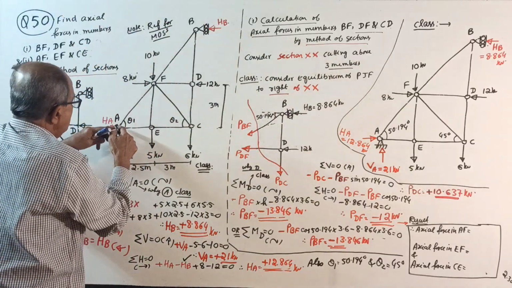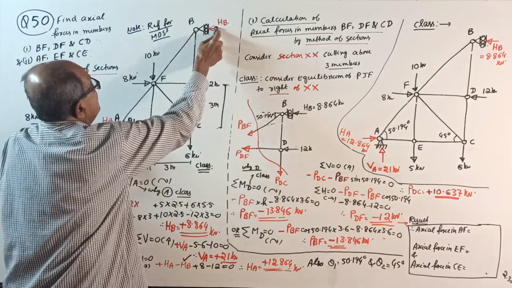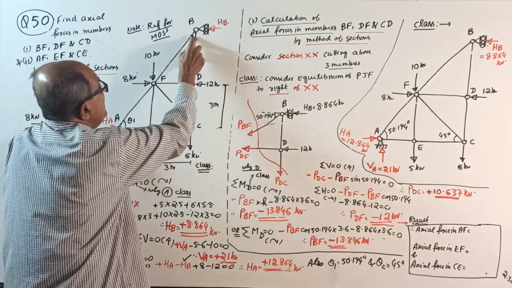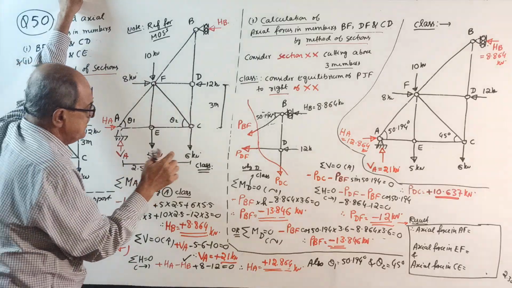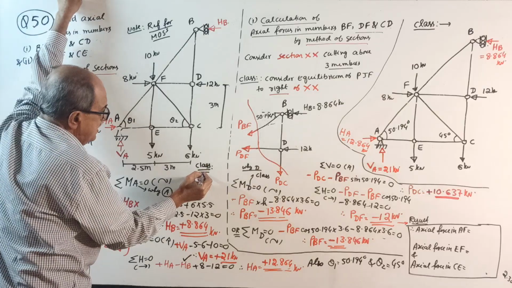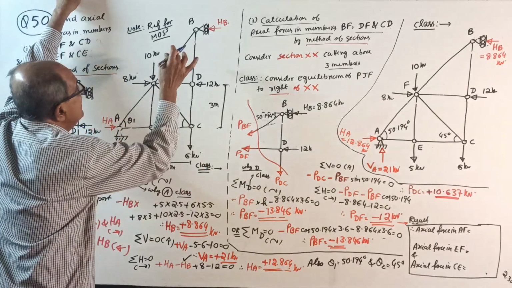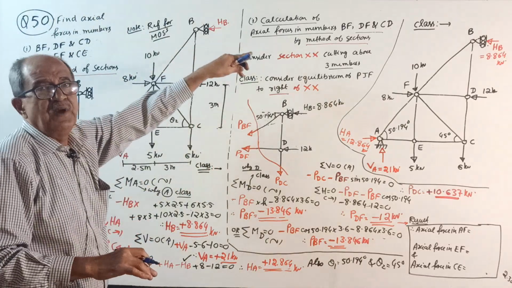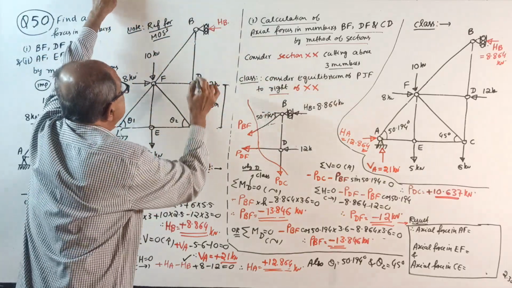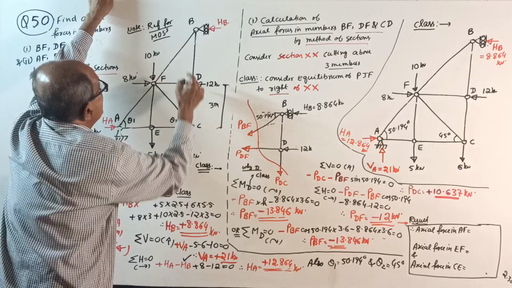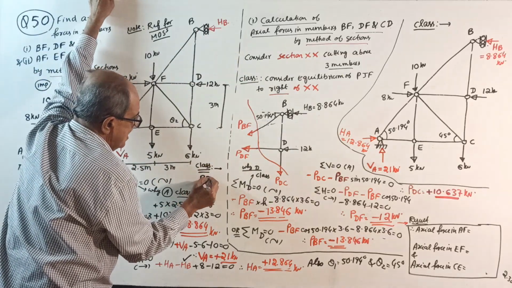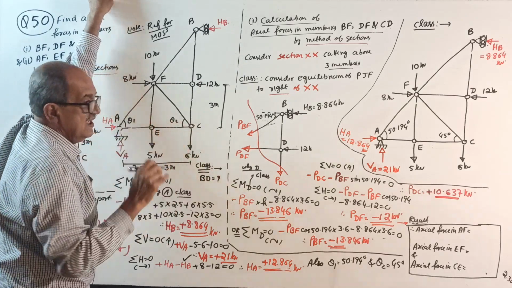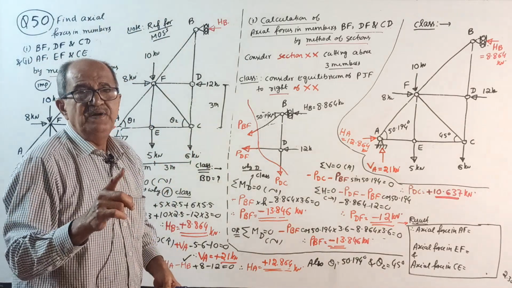HB into this full height is required, and that height is not known. So make a note. Before you find the support reaction, you first find the height BD. How much is BD? Space problem is there. I will tell you how to get BD.